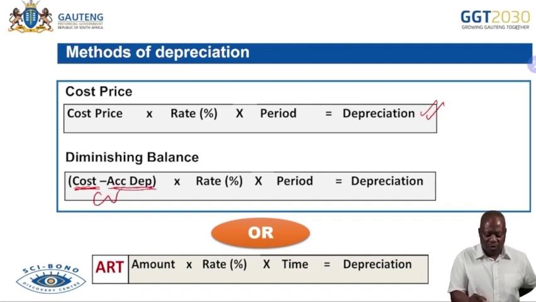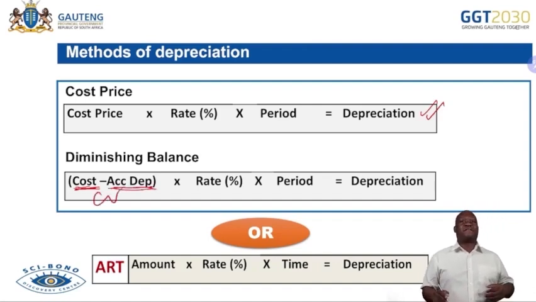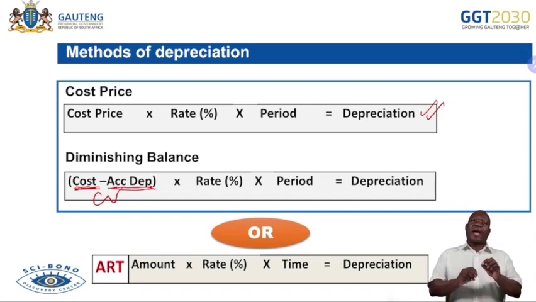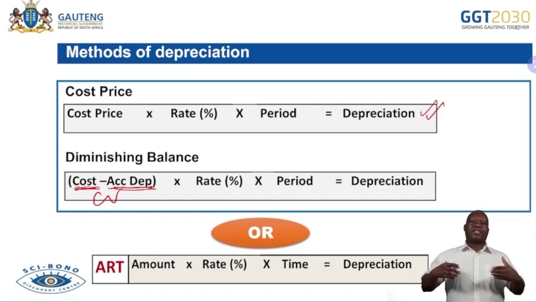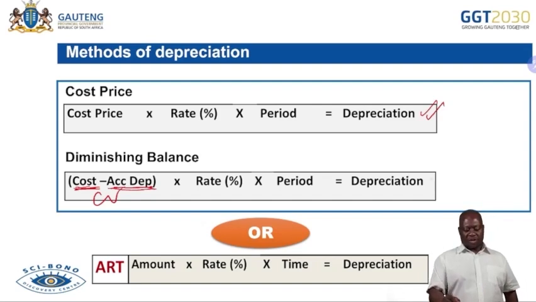What are we trying to find? The carrying value. So we need to find the carrying value first. And then when we have our carrying value, we multiply by the rate as well as the period. But please check here. We are still multiplying 3 variables in order to get our depreciation.